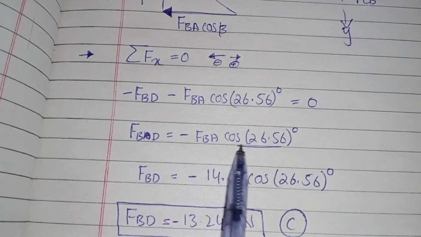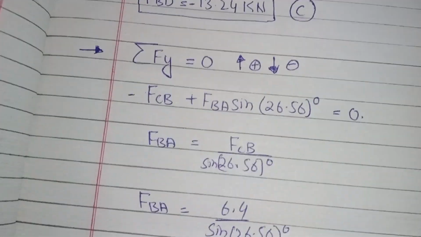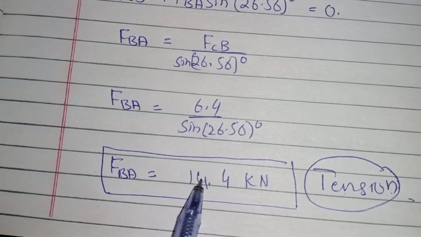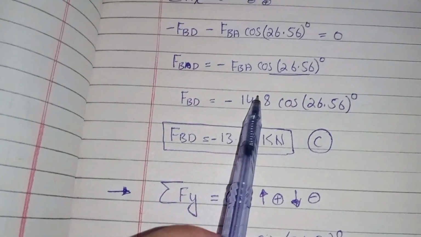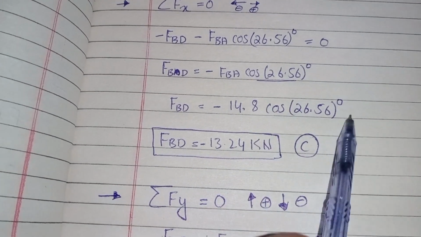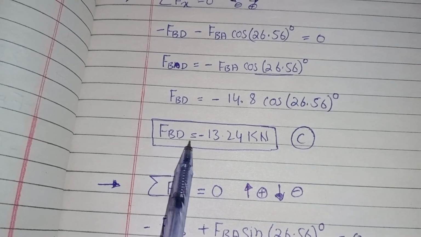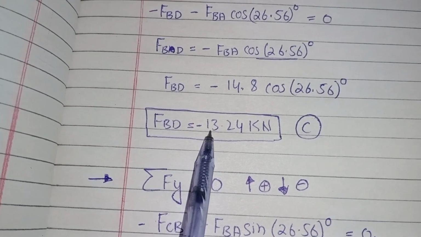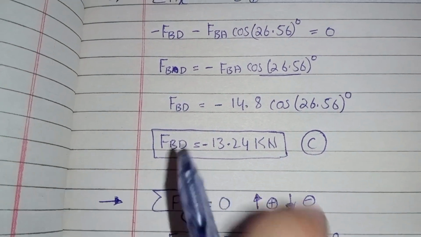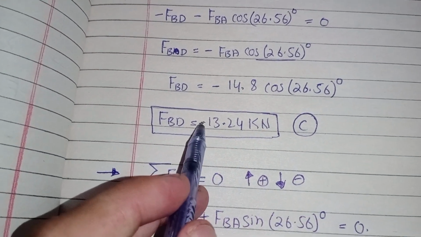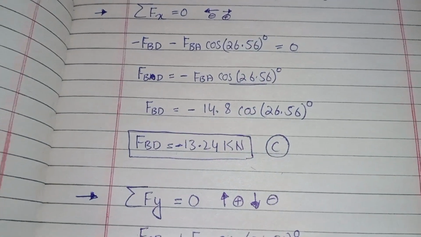FBD equal to FBA cos 26.56 degree. FBA is 14.4 kilonewton, cos 26.56. So FBD will come out 13.24 kilonewton, and this negative sign means that my assumption was wrong. It is in compression.